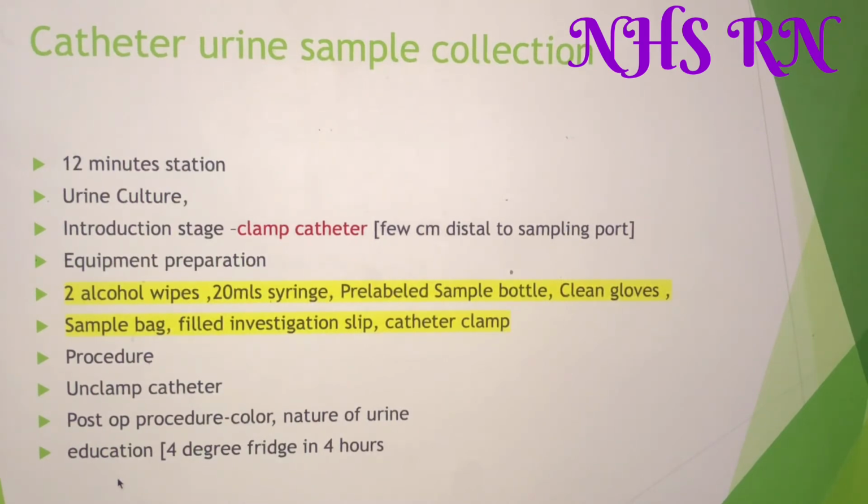Then prepare all the materials, come back to the patient and tell the patient that you are going to collect urine from the catheter port. Then clean the catheter port, take urine from the catheter port with a 20 ml syringe, and put that urine into the pre-labeled sample bottle.